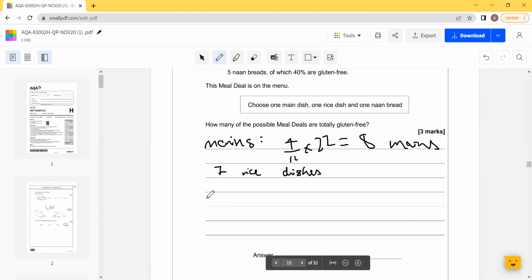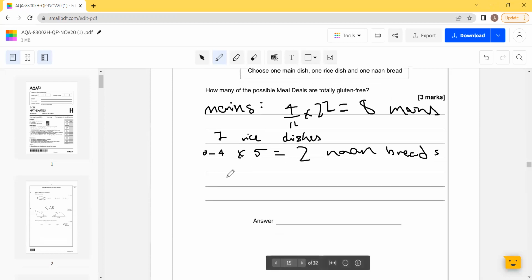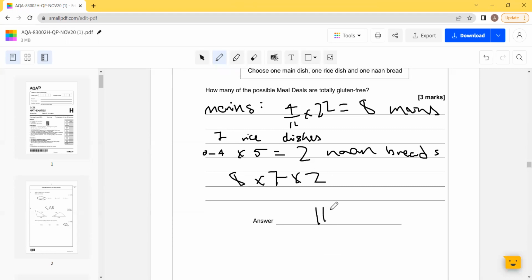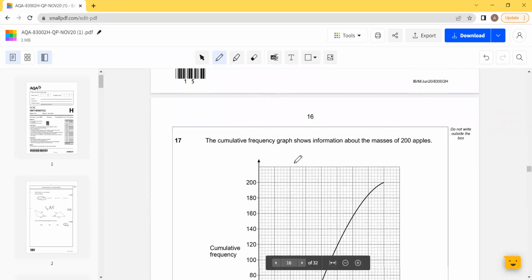So 40% of the naan breads are gluten-free. So that's 0.4 times 5, which is 2 naan breads. Okay, so the meal deal consists of taking 1 main dish, 1 rice dish, and 1 naan bread. So we just have to do 8 times 7 times 2. So 112.